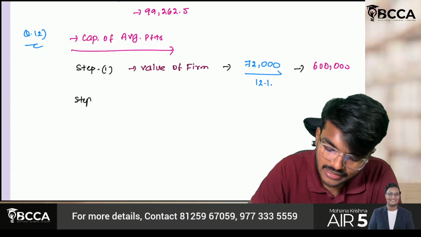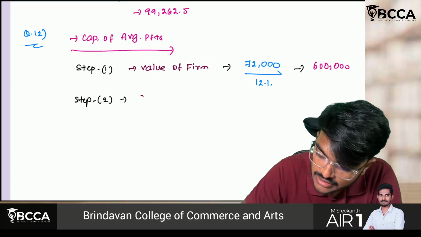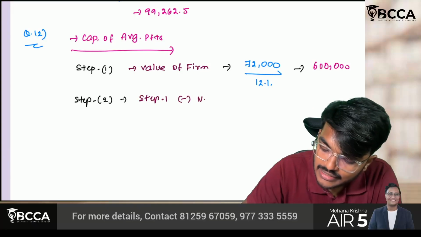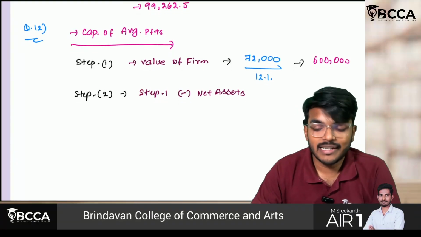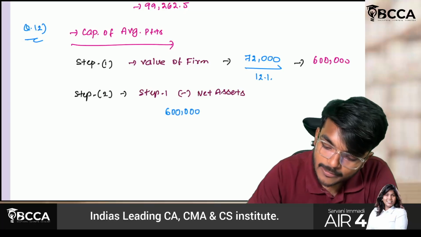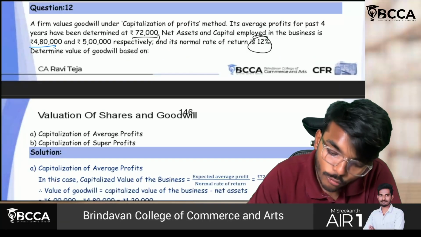Sir, how much is my step number 2? Step number 2 is nothing but step number 1 minus net assets. Step number 1 is 6 lakh rupees minus net assets. If you have checked, they have given in the question net assets as 4,80,000.